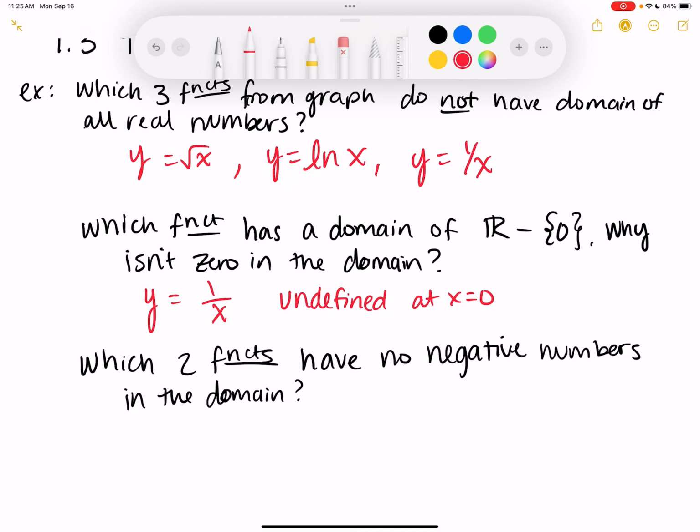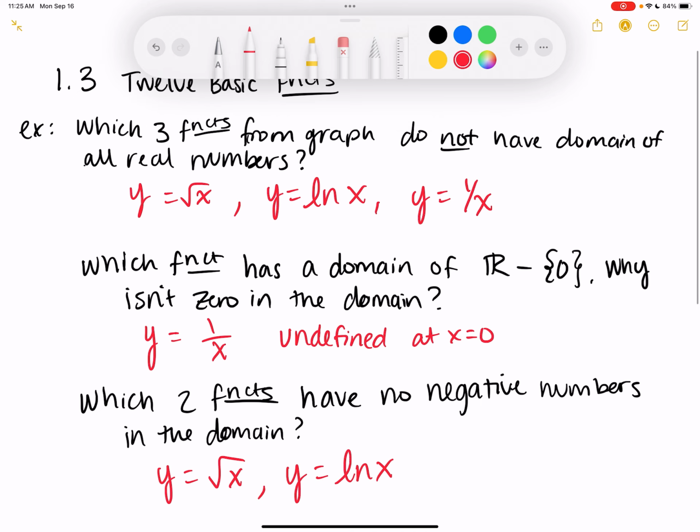Square root. Yep, square root. What else? Yep, and ln. So all of these questions, we're dealing with domain.